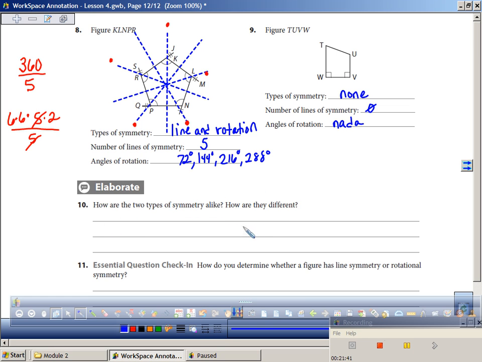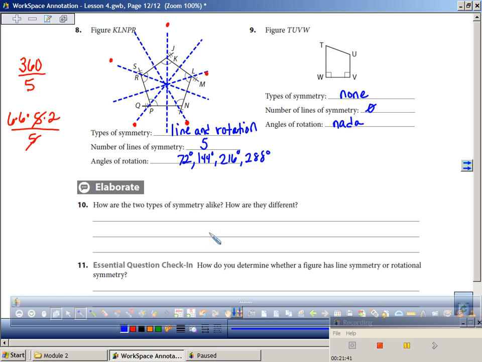How are the two types of symmetry alike? How are they different? They look the same. Say it again. They both represent symmetry. I know you have it. I can sense it. They both what?